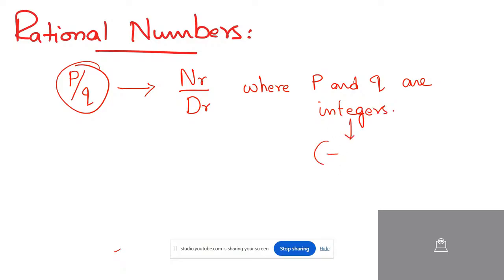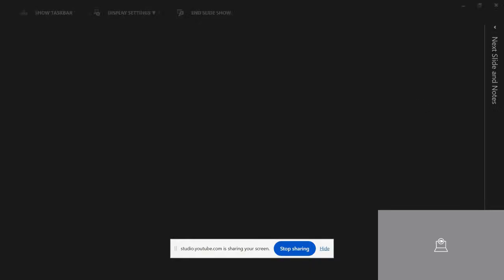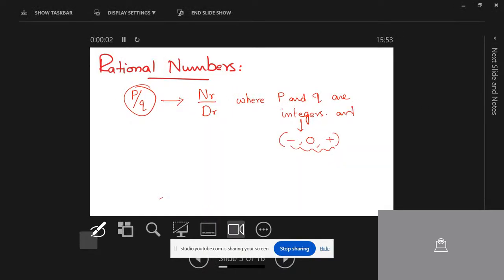Integers have negative numbers, 0, and positive numbers, right? So the numerator and denominator can be negative, 0, and positive. But here we have one more condition: q is not equal to 0.